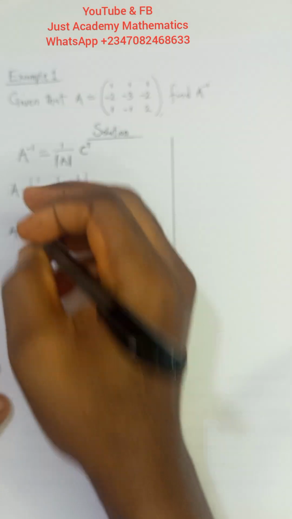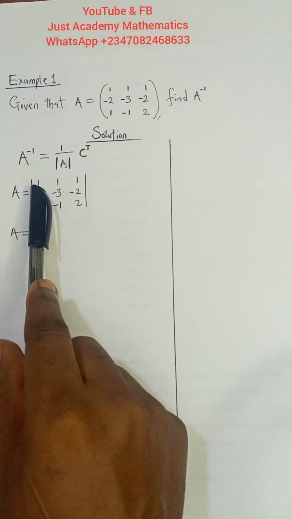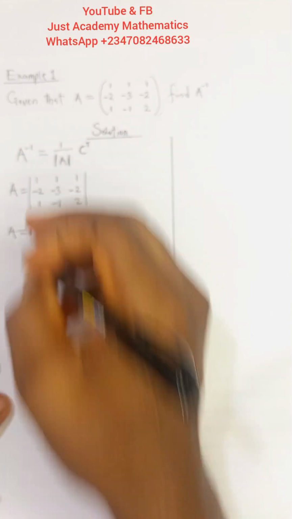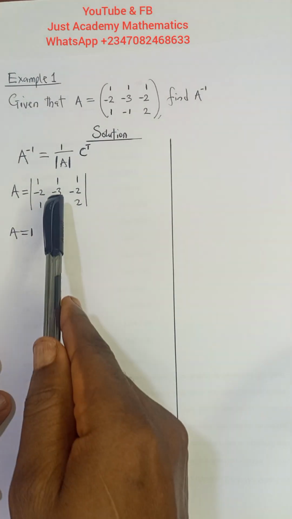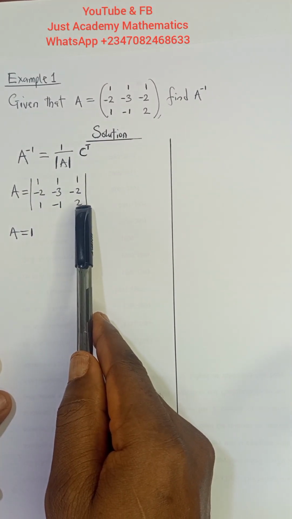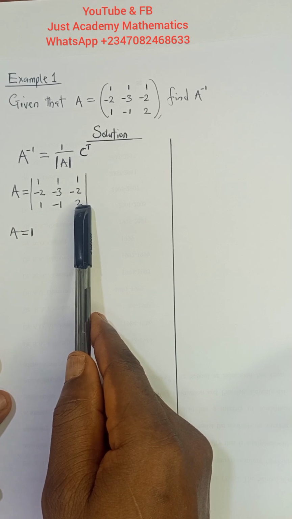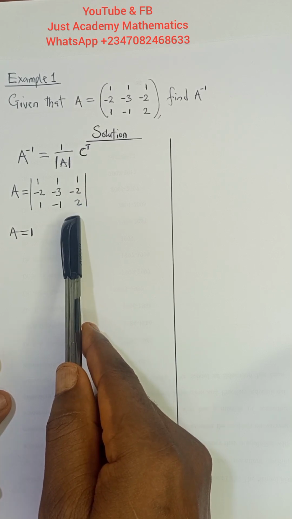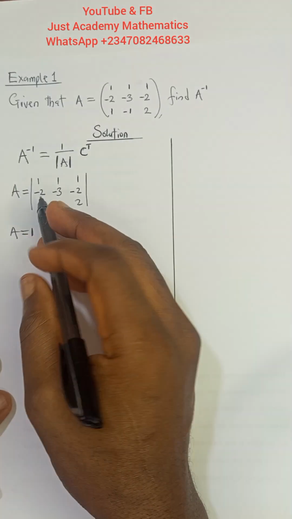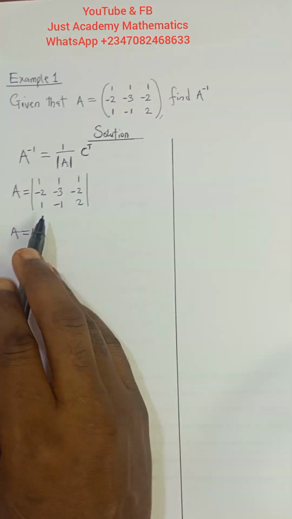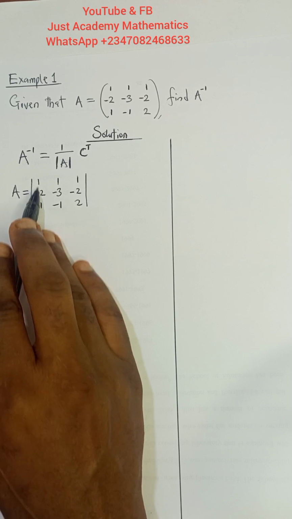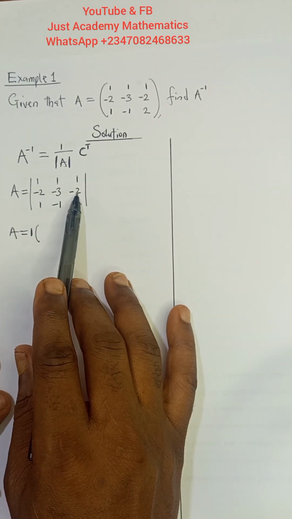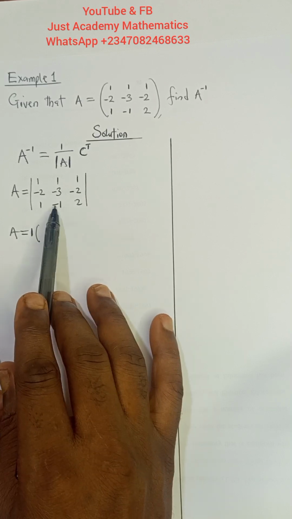When we pick 1, this one here, we have these 2 left. We have done this before, so there is no need showing that. So when we pick this 1, everything in its row and column is out. We're left with -3, -1, -2, 2.